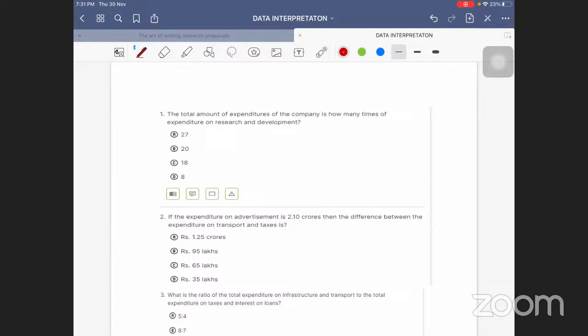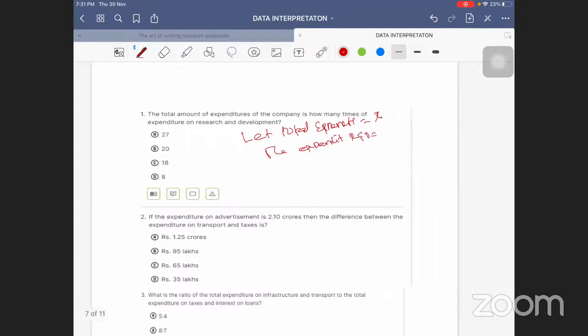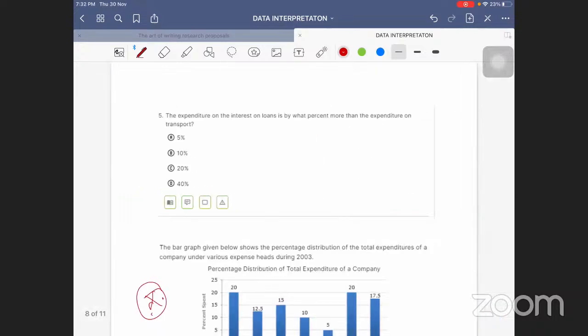We don't know the total expenditure, so let us consider the total expenditure is X. What is the expenditure on R&D here?